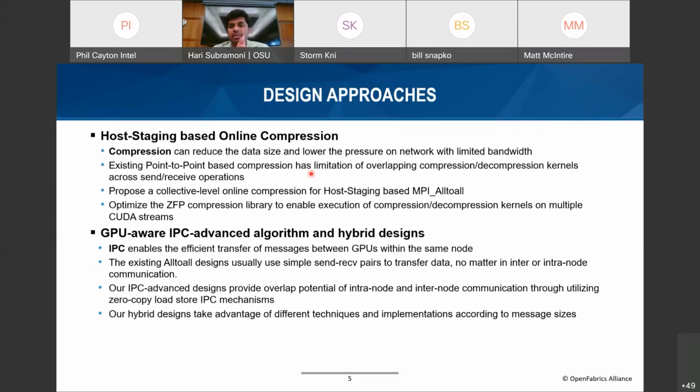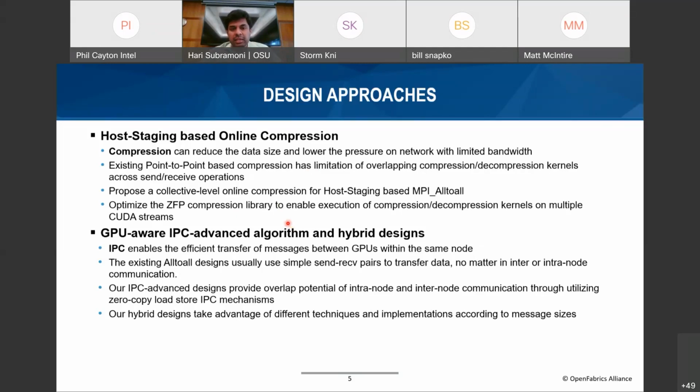The other aspect is, if you look at your intranode interconnection on modern dense GPU systems, you have NVLink 2 or NVSwitch, which gives you close to 300 gigabytes per second of communication bandwidth, which is a lot. So can we use these capabilities and design advanced collective communication algorithms using inter-process communication? So these are the high-level approaches that we are following here.